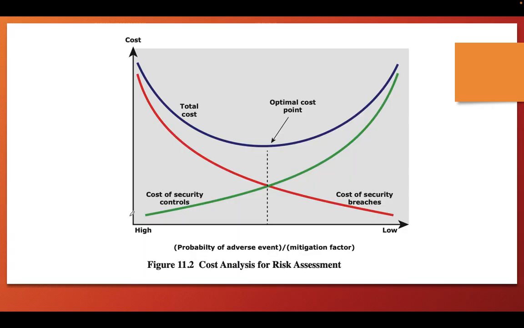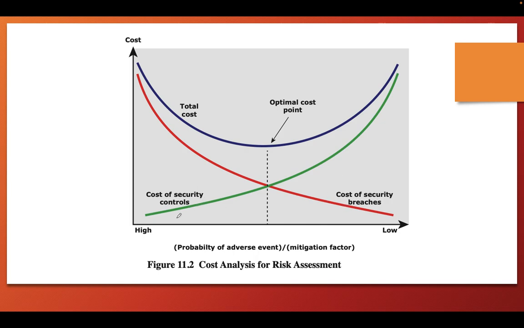Here is figure 11.2, which is the cost analysis for risk assessment. You can see the higher you spend, the more security breaches are covered, and the lower you spend, the more security breaches you might have in your system.